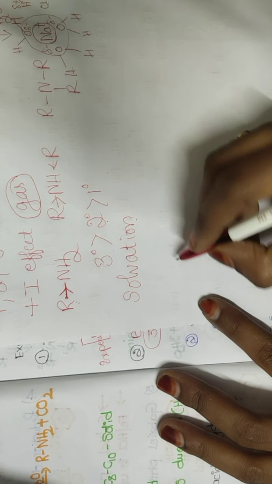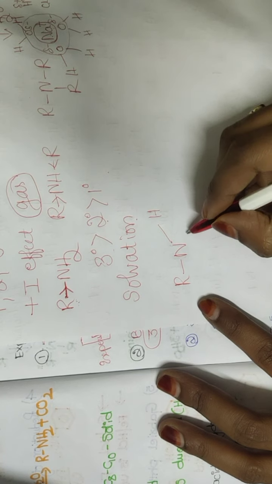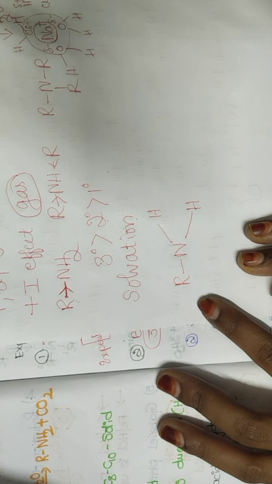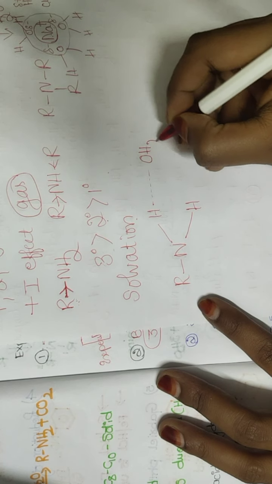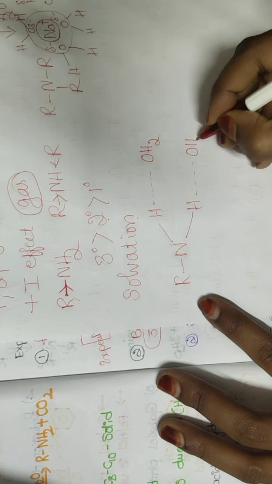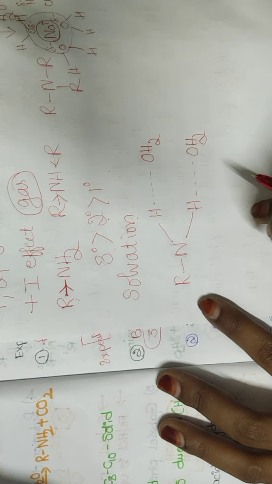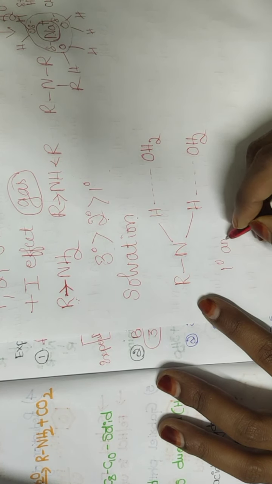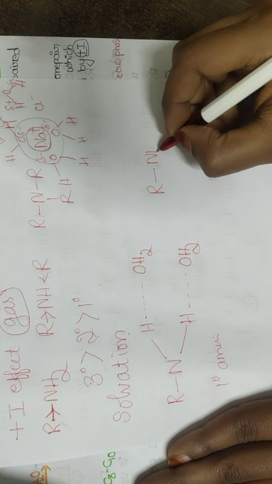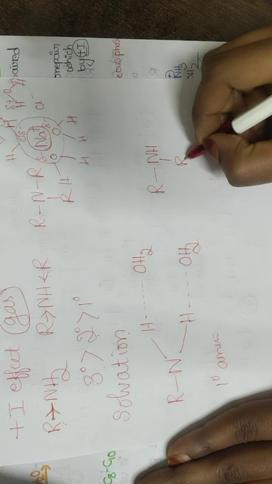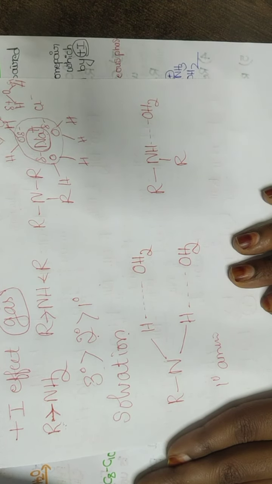So therefore, if I take a primary amine, I hope you know that primary amine has 2 hydrogens. So 2 hydrogens means I can expect 2 hydrogen bonds with a water molecule, H2O. So it can form 2 hydrogen bonds. So this is in case of primary amine. Whereas in secondary amine, I have only 1 hydrogen, so it can form only 1 hydrogen bond with a water molecule.